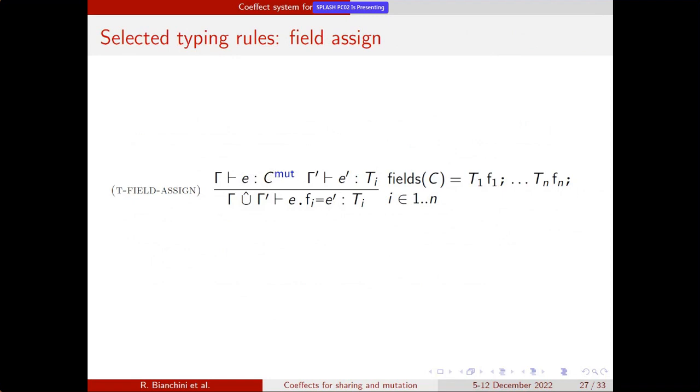So we need to mutate the receiver with a certain gamma. And then E' needs to be of a type T' that corresponds to the right field with a certain coeffect context gamma'. And then we just use our union in the consequence to say that you put together the two contexts and then you type the field assign.